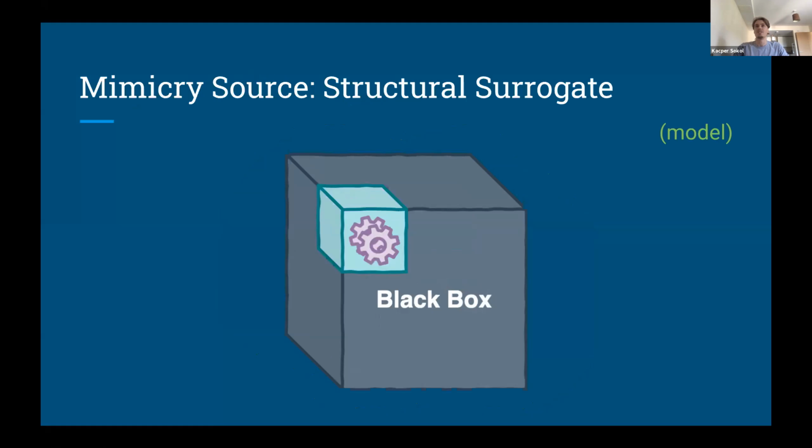Then we also have the source of mimicry. This is not a popular concept in machine learning, and I'll show you the more popular one in a moment. But imagine here that when you build a surrogate, you don't want to just observe its behavior. You actually dive into the technical details of it, the mechanics of the black box, and extract a bit of it that is simple enough and concise enough to serve as an explanation.